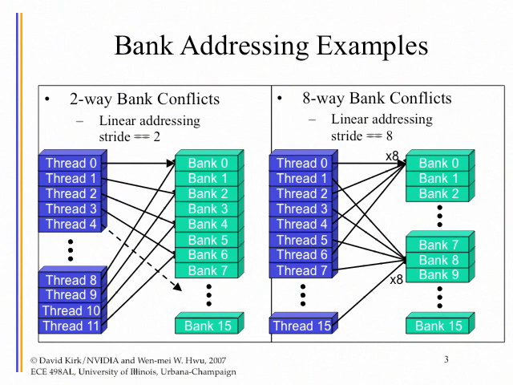So let's start with a 2-way stride. If you do a 2-way stride, then the first thread is going to be accessing bank 0, while the second one is accessing bank 2, and then the third one will be accessing bank 4, and so on. But you still have all the 16 threads. So thread 8 will wrap around and access the same bank 0. Whenever you have a skipping pattern, sooner or later, the later threads will have to wrap around, right?